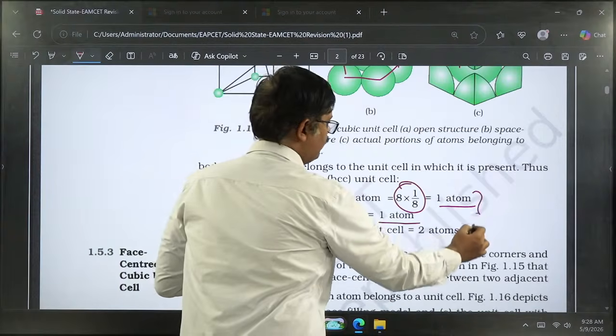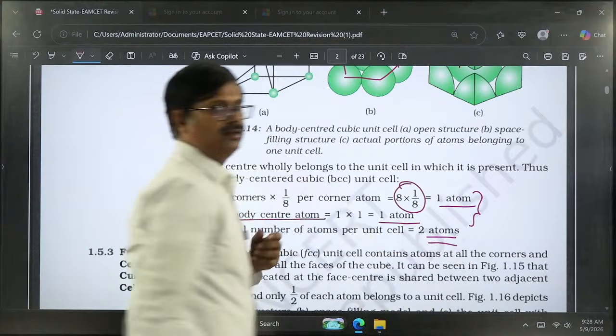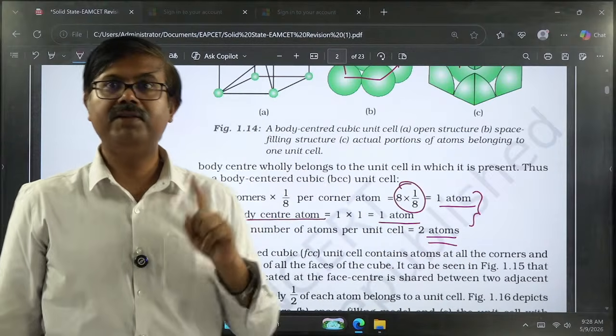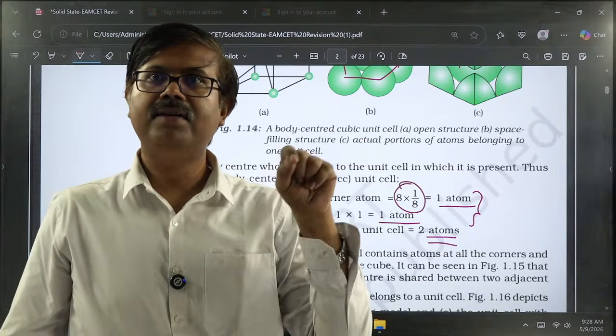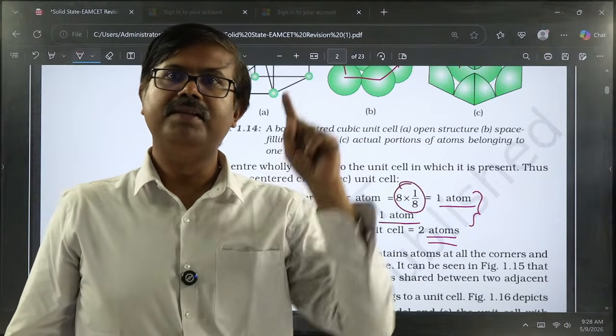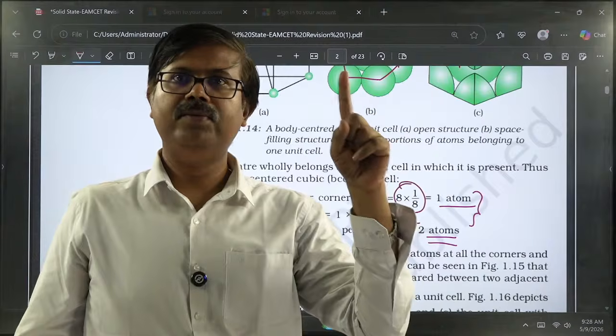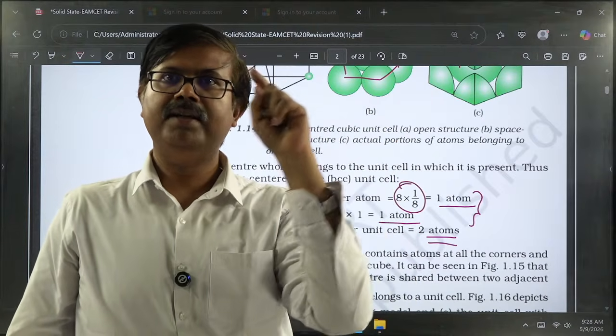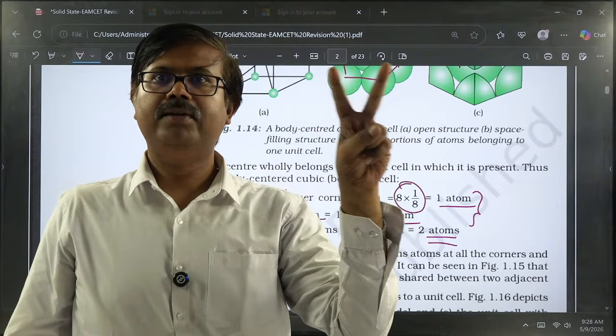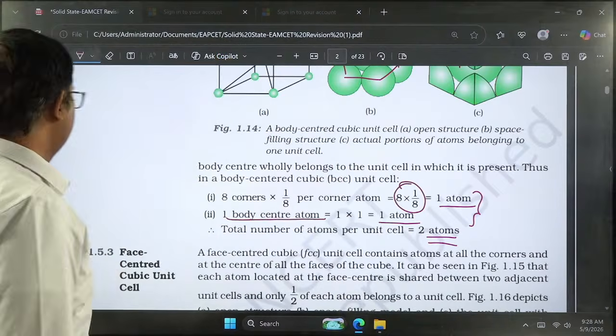If you add these two, total atoms are 2 per unit cell, in the body centered cubic unit cell. In simple or primitive cubic, only 1 atom per unit cell. In body centered cubic, 2 atoms per unit cell.